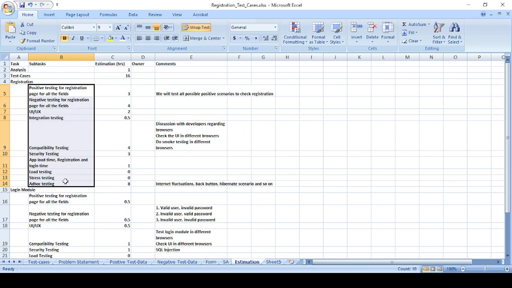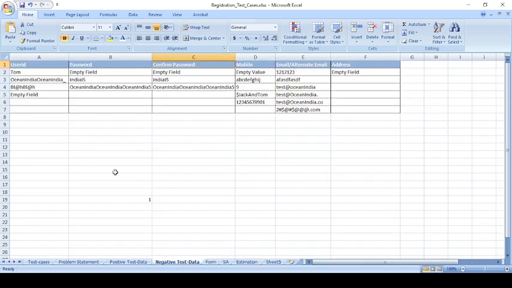Then we just have to visualize how much time we need to do positive testing on a registration page, and how much time it will require to do negative testing on the registration page. We have this negative test data, so considering that the user ID might have this many values, we'll test all different types of negative passwords, then all different types of mobile or email and address fields.